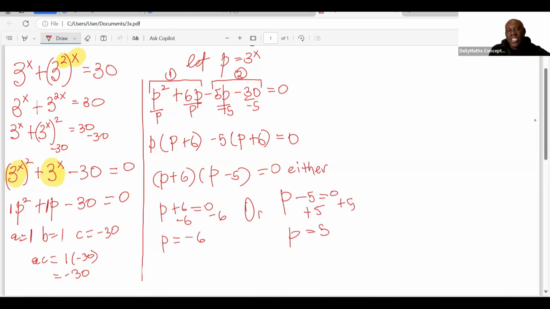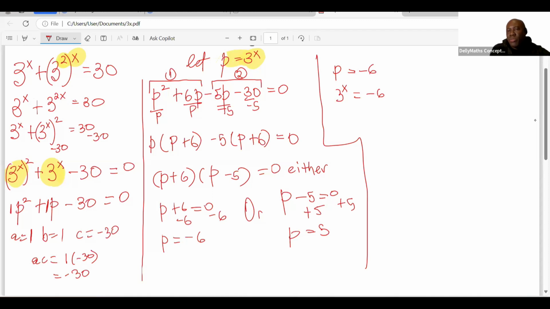Remember, though, that there was not a p in the original thing that we started off with. So I'm going to ask us to recall that p is equal to 3 raised to the x. Therefore, we can now say that if p is equal to negative 6, then 3 raised to the x is equal to negative 6 because p is 3 raised to the x.